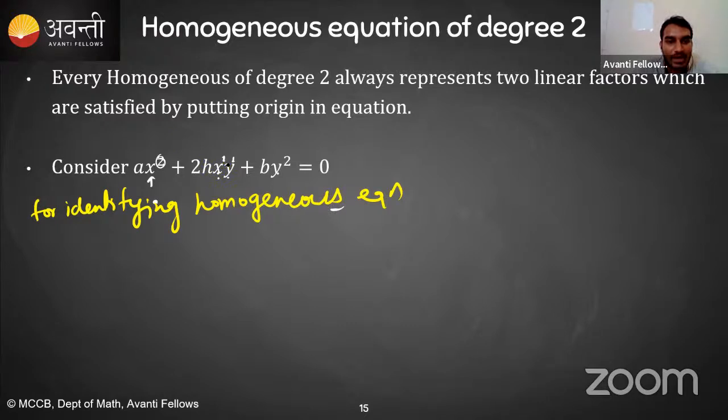Here x has degree 1, y raised to the power 1, so 1 plus 1, 2. So this term has degree 2, this term again degree 2, this term again degree 2. So all the terms have degree 2, right? So it will be a homogeneous equation.